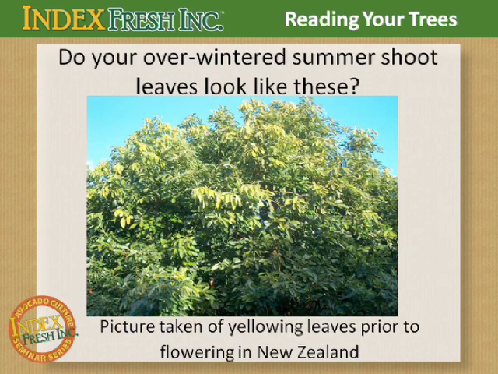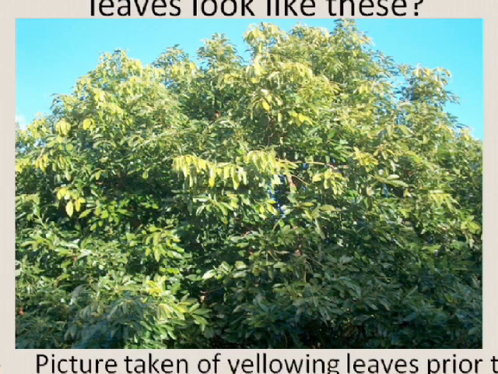And finally, we have one from New Zealand. And I wouldn't like to see a tree in New Zealand look like this, because here again, prior to flowering, you can see that the whole tree is almost yellow in color. The flowers are just about to come out.